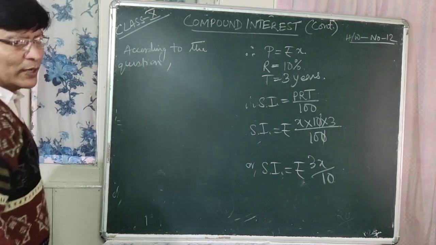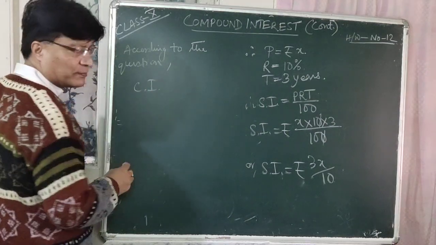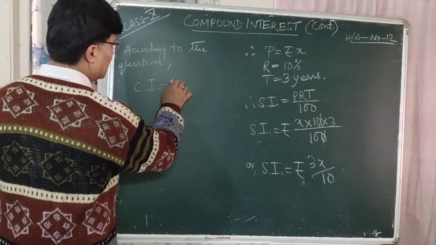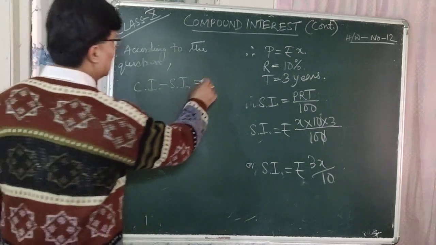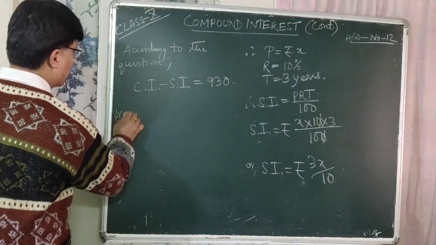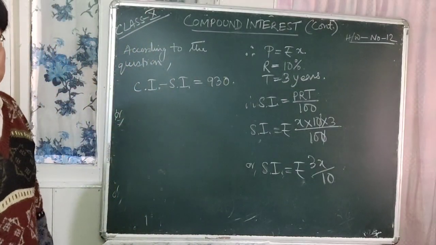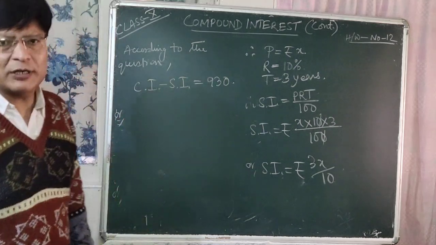So by question, what can you write? Compound interest minus simple interest is equal to what? 930. And what was compound interest? How much did we get for compound interest?